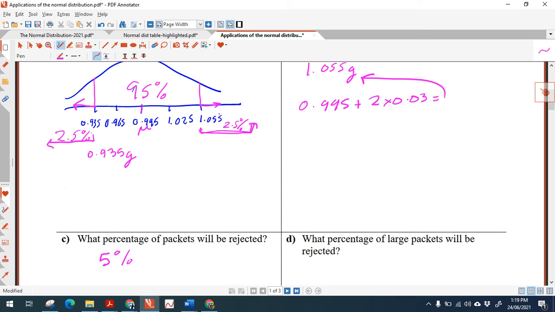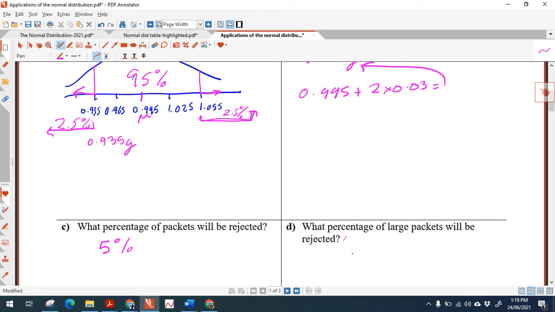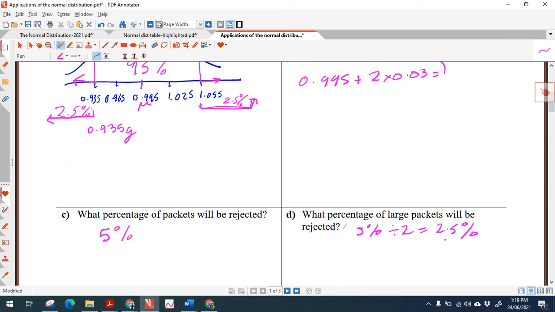Okay, so if we're talking about the larger packets, we're talking about 2.5%. So in other words, the working out is 5% divided by 2 equals 2.5%. Okay, so that's done there. Let's move on.